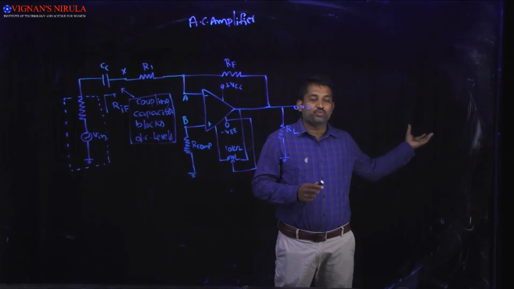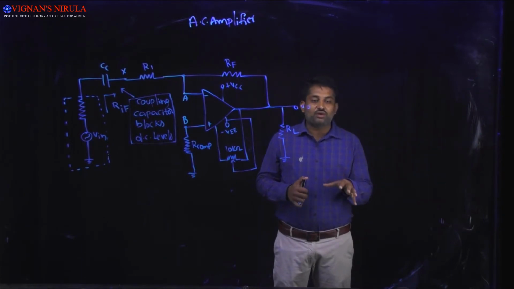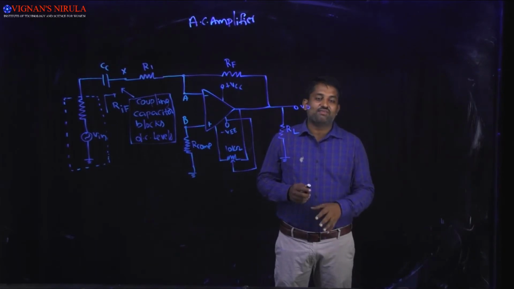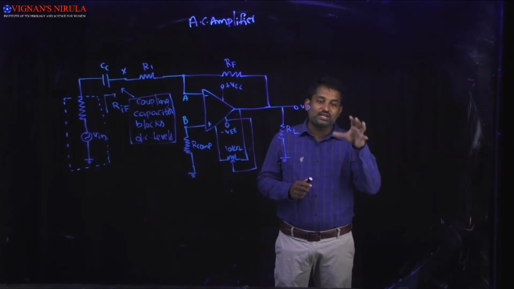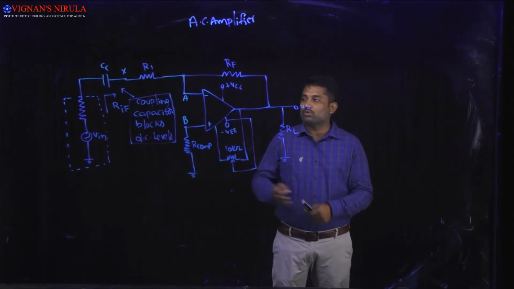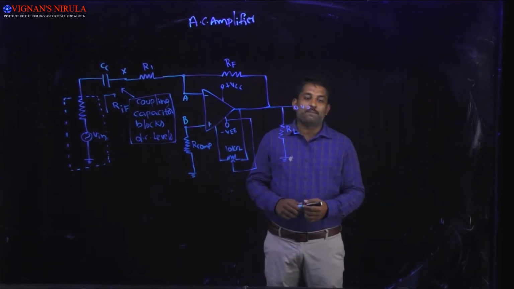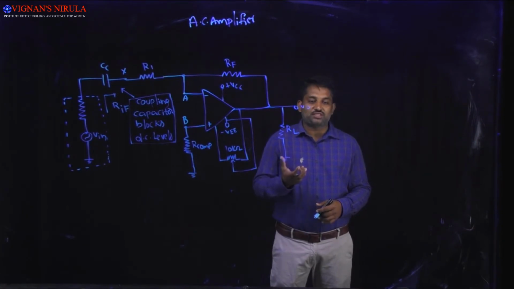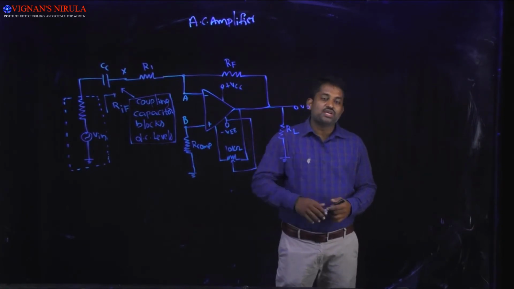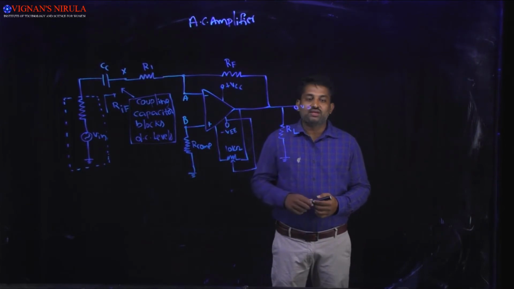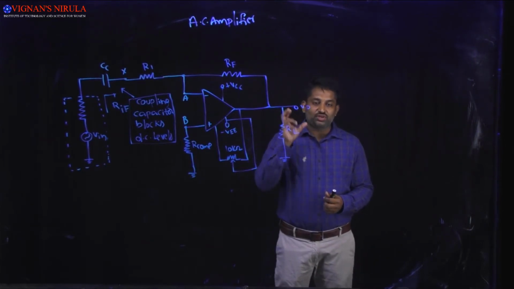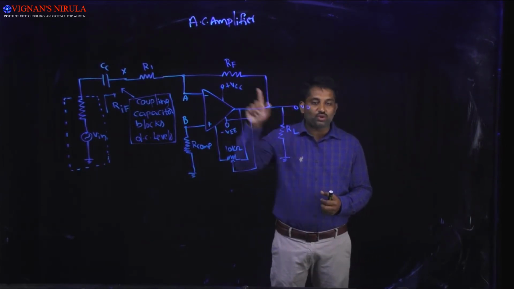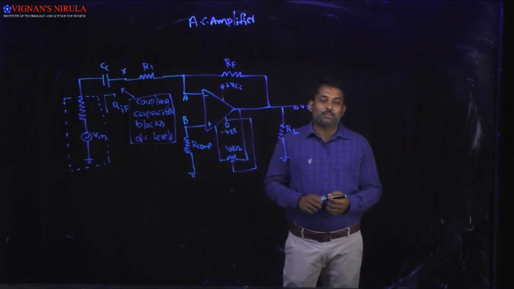For that, we have to eliminate that DC level, so we use coupling capacitors to block it. Generally capacitors block DC and allow AC signals. That's why in AC amplifiers we use coupling capacitors.